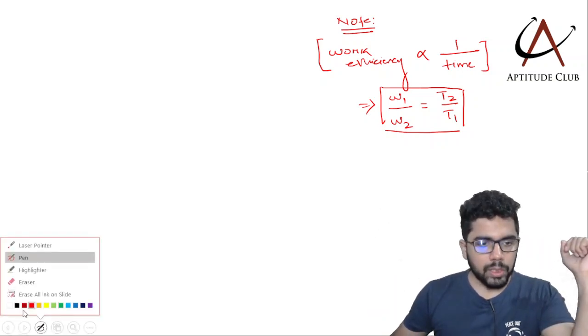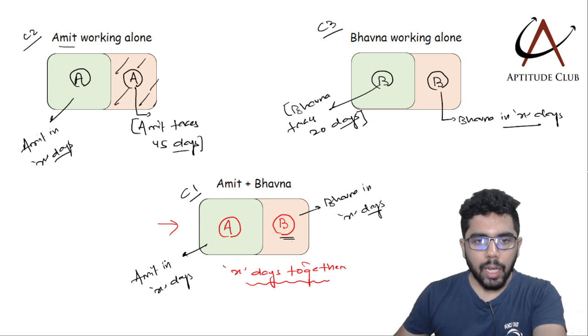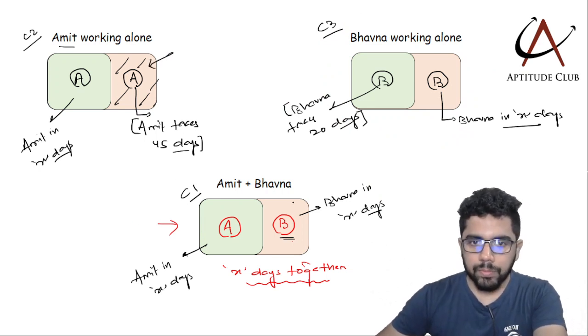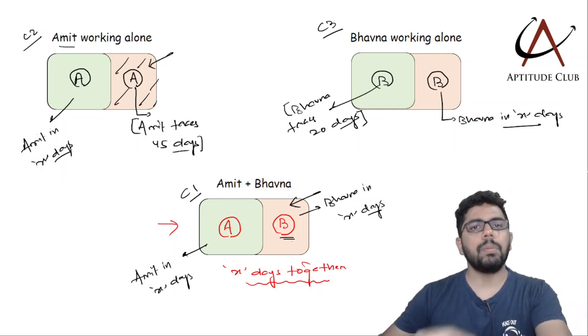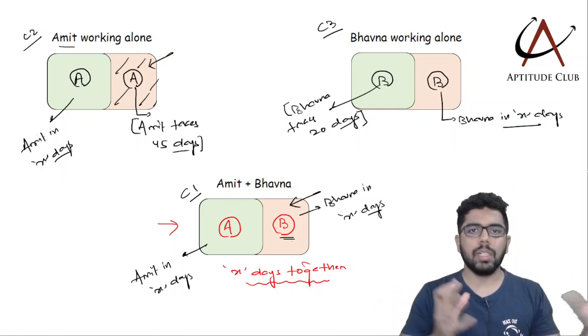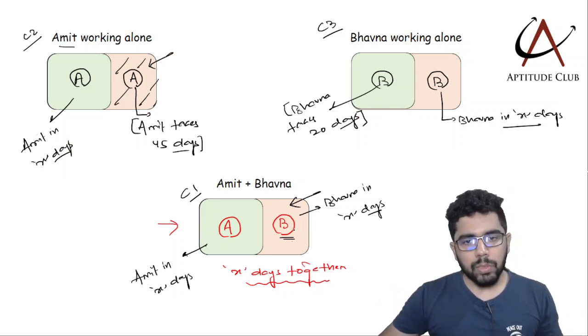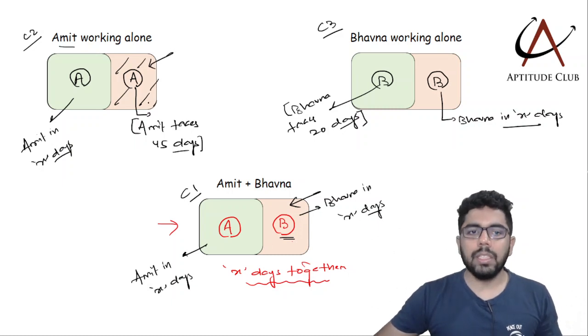Now think about this. If I compare case 1 and case 2 and focus on this portion, Amit does his own work in X days, but the work that was done by Bhavna in X days, Amit takes 45 days to do.